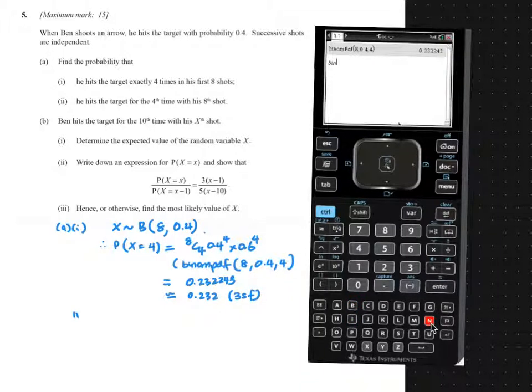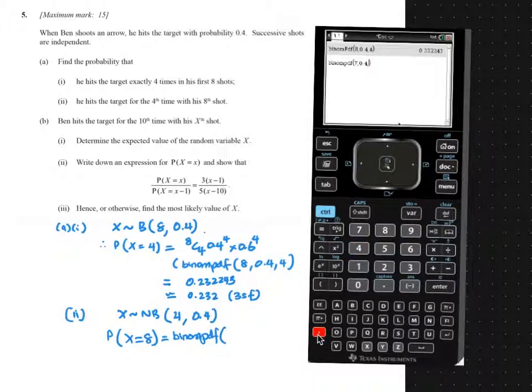In part 2, we have X here, a negative binomial with successes equal to 4 and the probability of success 0.4. So we have P(X equals 8) here will be equal to binomPDF.